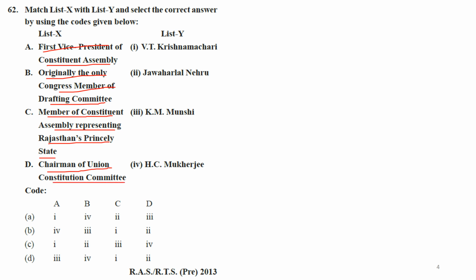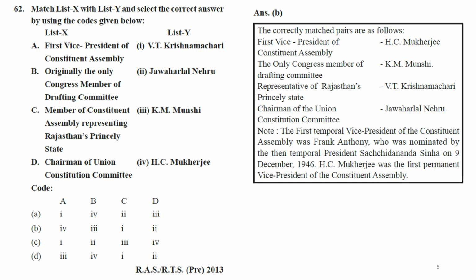The names are VTK, Jawaharlal Nehru, K. M. Munshi, H.C. Mukherjee, and Krishnamachari. Matching here: the first vice president of Constituent Assembly was H.C. Mukherjee.